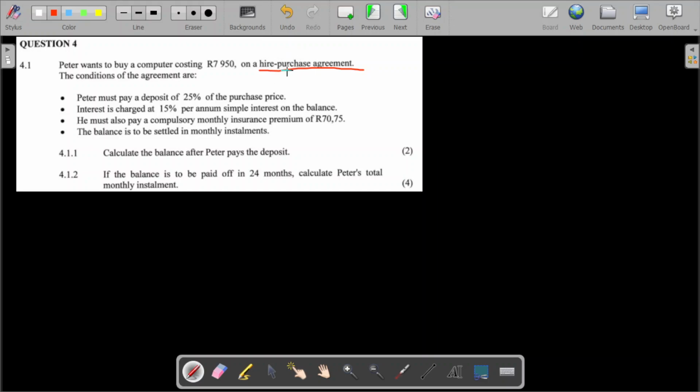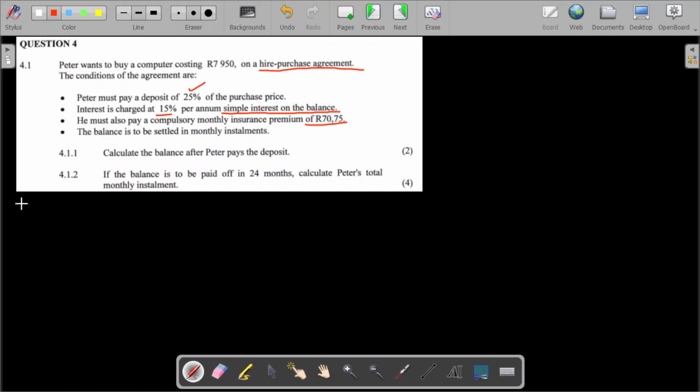This word must ring something in you if you get it. The conditions of the agreement are Peter must pay a deposit of 25% on the purchase price, and interest is charged at 15% per annum, simple interest. These are very important statements that you must keep in mind. Then he must also pay a compulsory monthly insurance premium of 70 rand 75 cents.